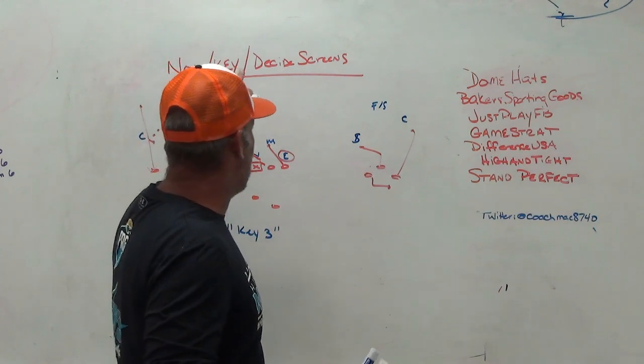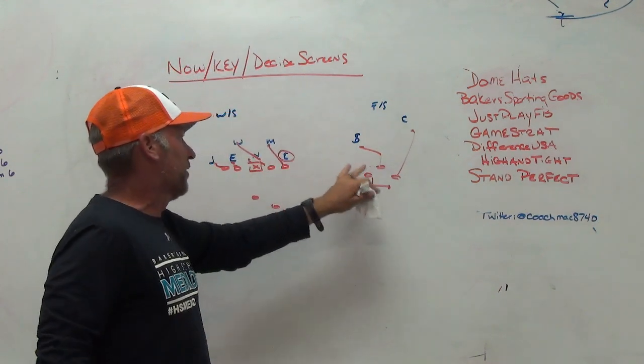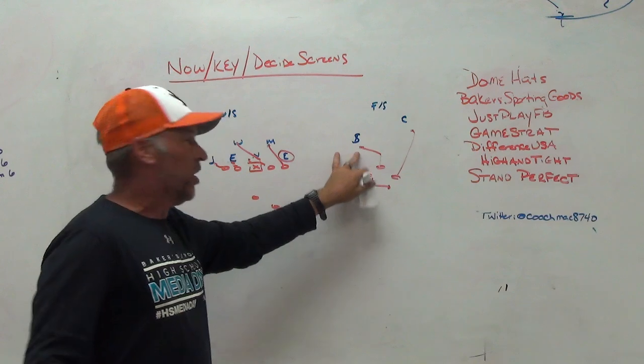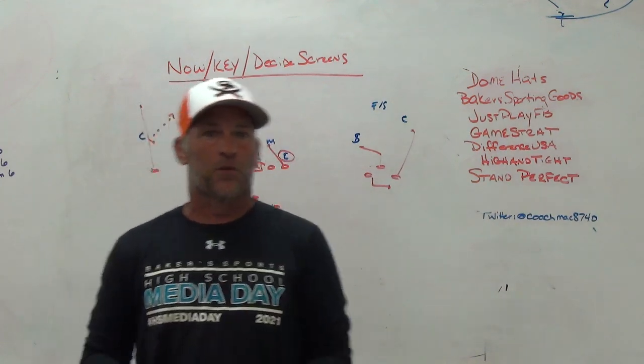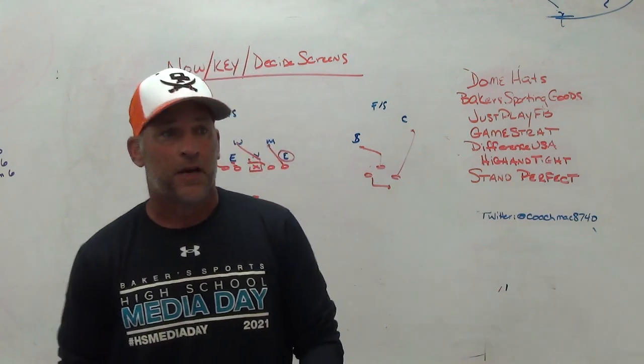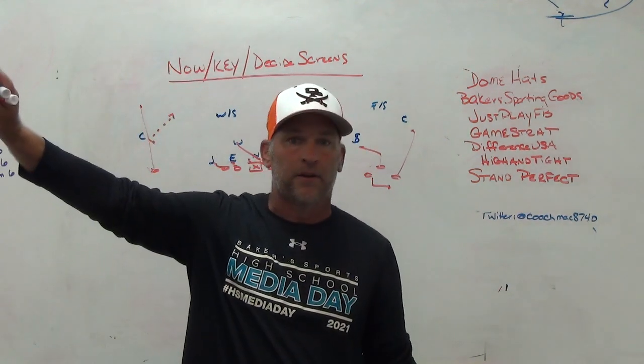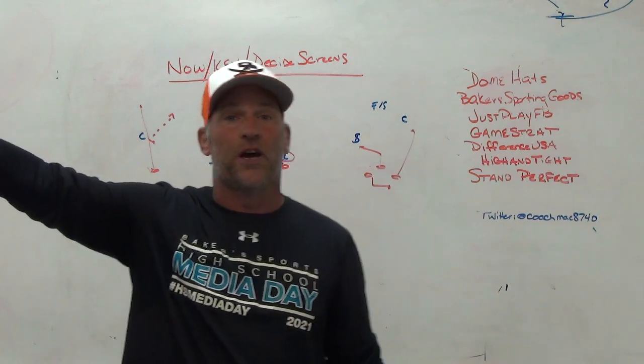But if he stays with the run game, I'm now telling the quarterback, don't throw that based on leverage or numbers. Now, there are times where we tell our quarterback, if we've got a key screen on and they just absolutely don't cover that, it becomes a decide screen, go ahead and throw it.